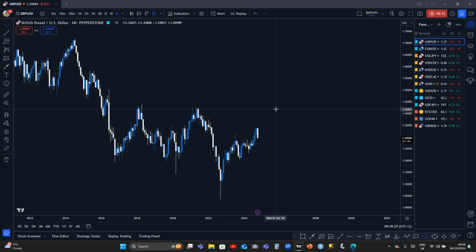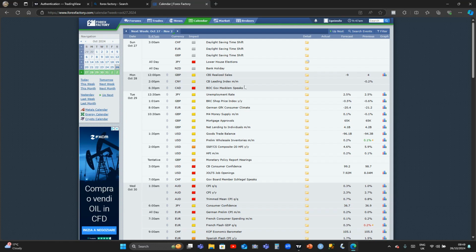As always, we'll start with our Forex Factory calendar, from the 27th of October till November 2nd. That is for next week.